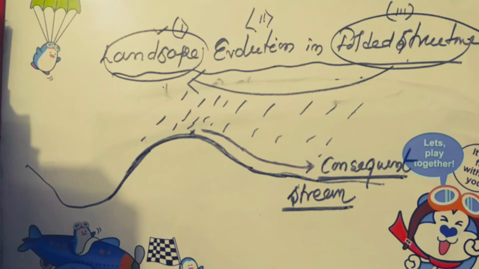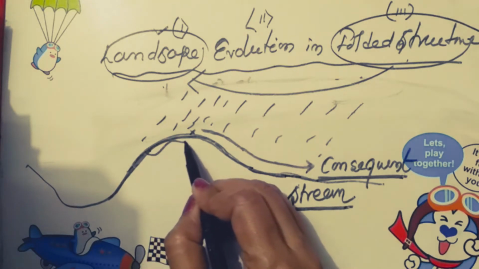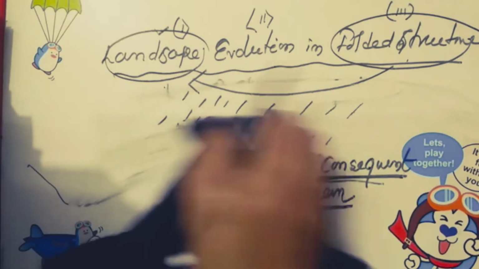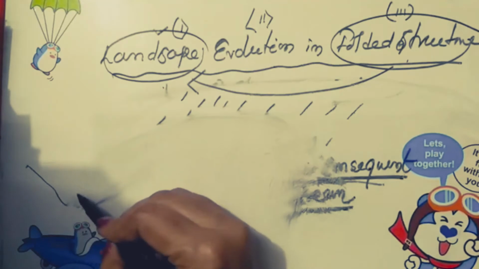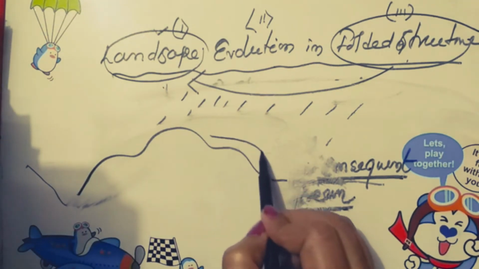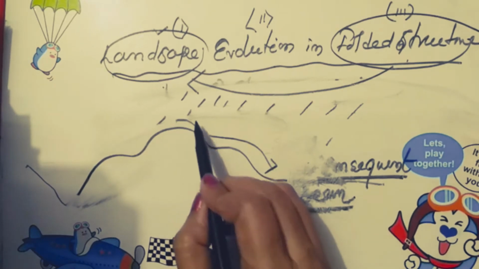folded structure. But in reality, folded structure is very complex. There is a lot of variation within the landscape zone. It may be that kind of slope, then rivers come down that way.